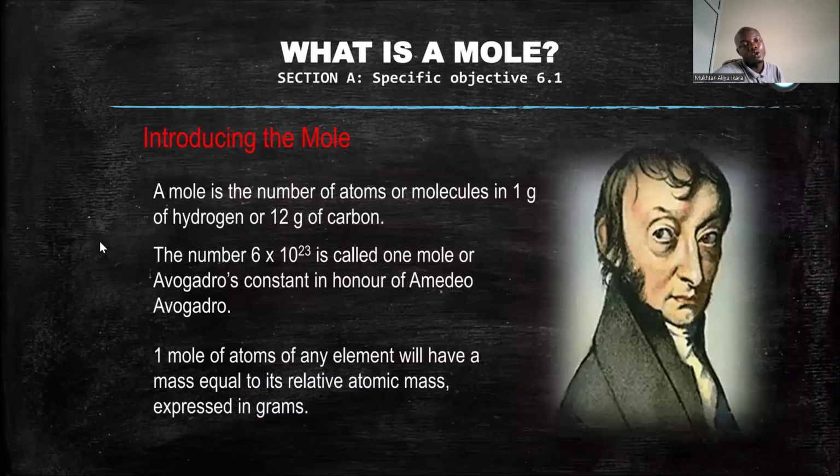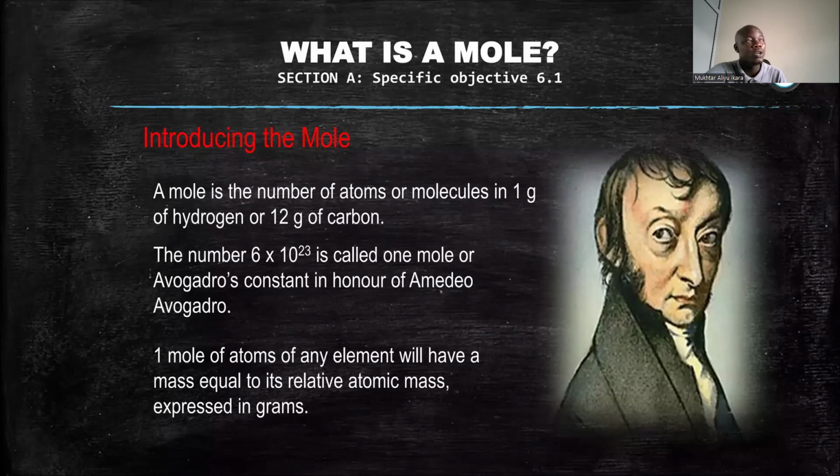So now, introducing the mole. This Avogadro's number was given by a scientist called Amedeo Avogadro. A mole is the number of atoms or molecules in 1 gram of hydrogen or 12 gram of carbon.